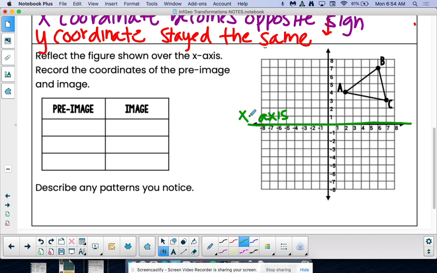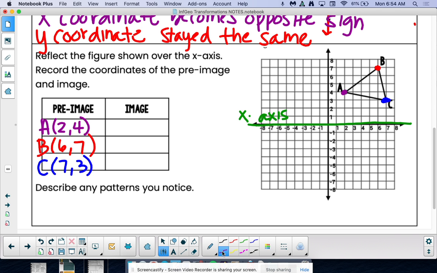Okay, let's start again by labeling our ordered pairs. So A is at the location of 2, 4. B is at the location 6, 7. And C is at 7, 3. Okay, again, folks, we're just counting.